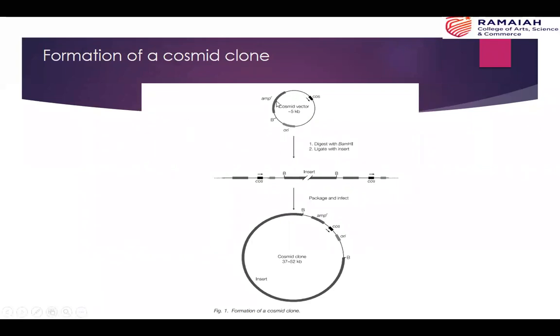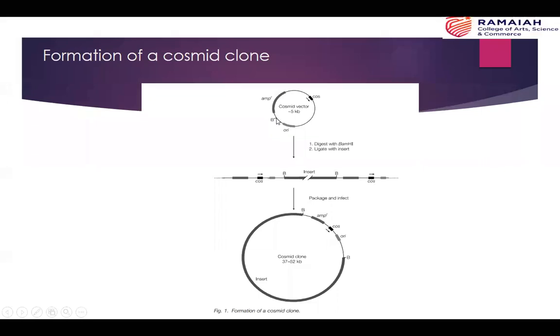As I was mentioning, a cosmid vector is a plasmid vector with all its properties. The only thing is that cos sites are present. So what are the properties of a plasmid vector? As I mentioned in the previous slide, there should be an origin of replication and a selection marker. So here an ampicillin resistance selection marker is present, and a site for restriction digestion.